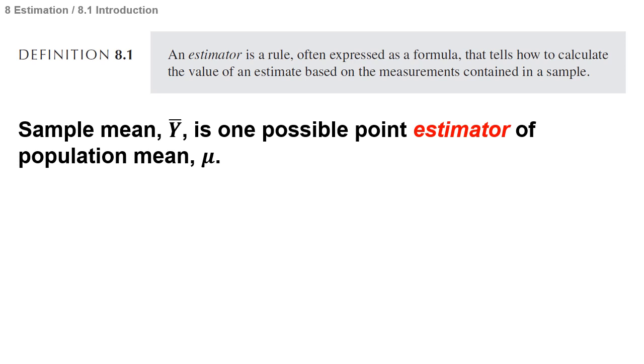For example, the sample mean y bar is a function of samples, the average of all samples, and is one possible point estimator of the population mean mu. And since y bar is a function of samples, it's also a random variable.